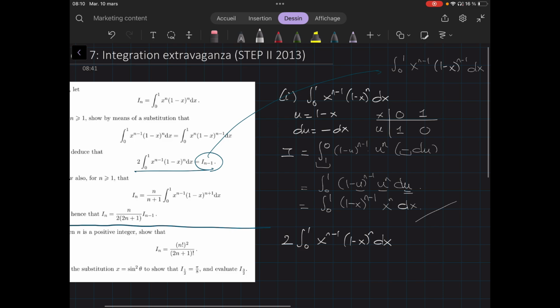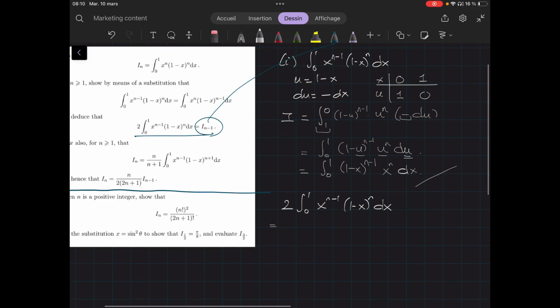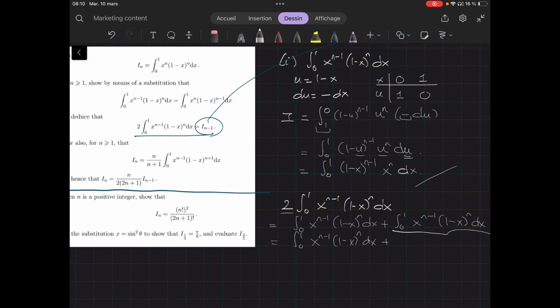In other words, I n when replacing n with n minus 1. I'm going to split it up into two parts, keeping one part as is, and use the result that we have just proven for the second part.